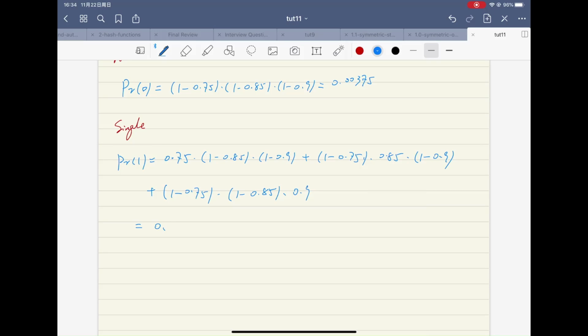We got 0.01125 plus 0.02125 plus 0.03375. So we have 0.06625.